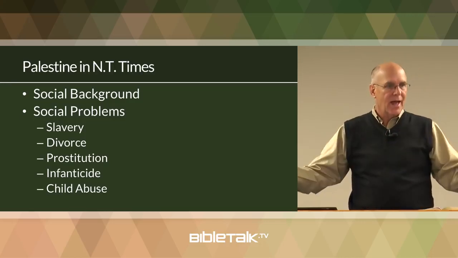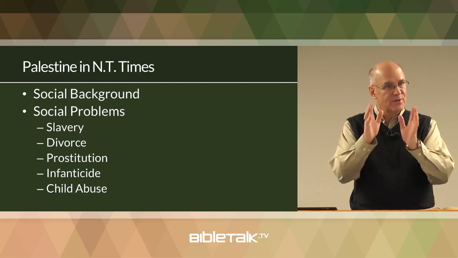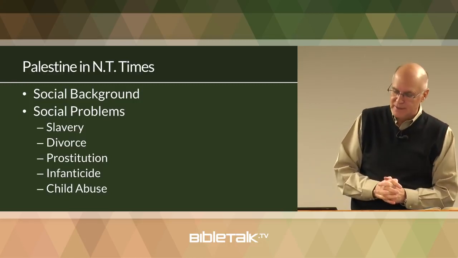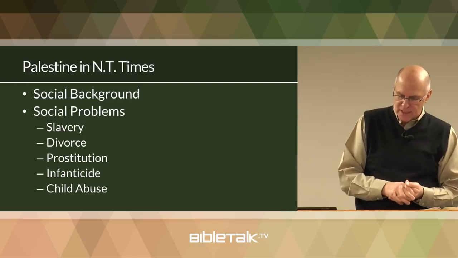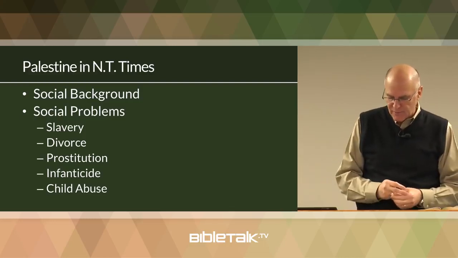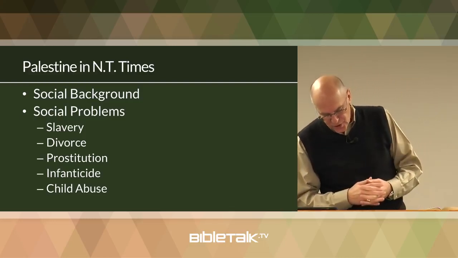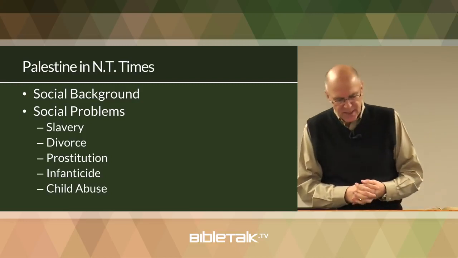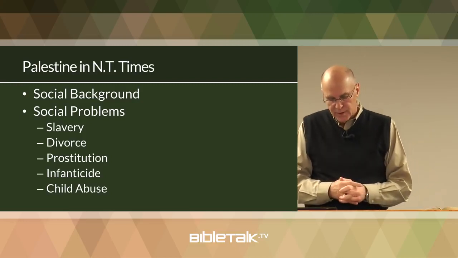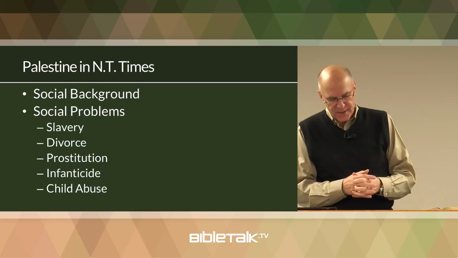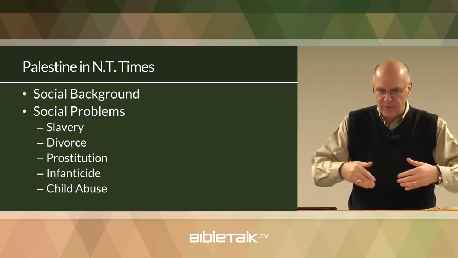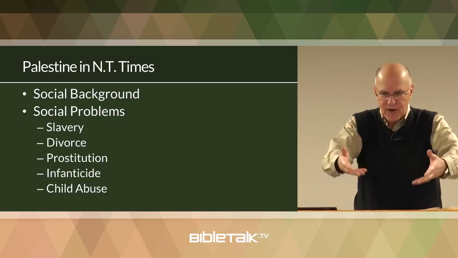There was no middle class, except perhaps the military. Military had some influence. Divorce was rampant. Prostitution, cult prostitution among Gentiles. The idea of cult prostitution is that sexual activity was required as part of your religious practice.